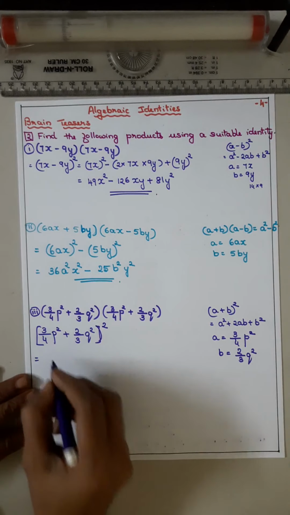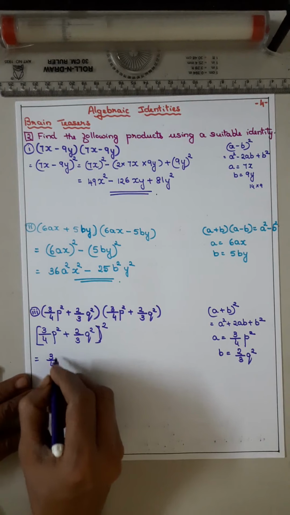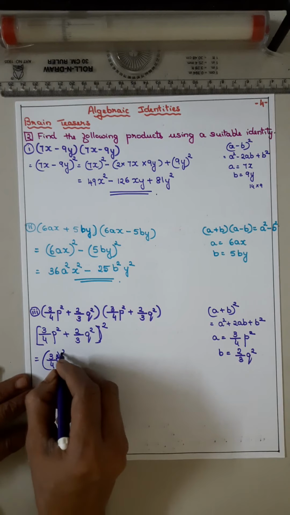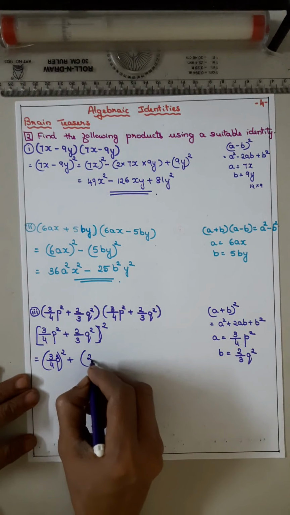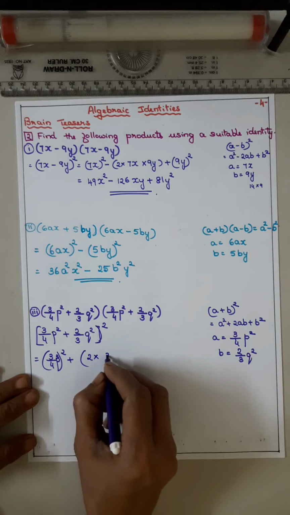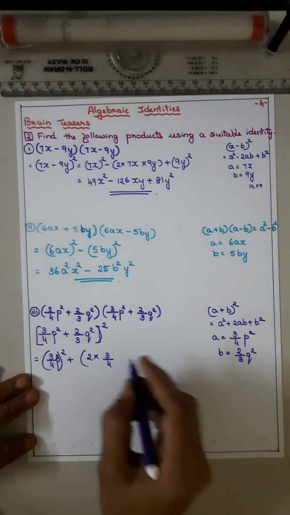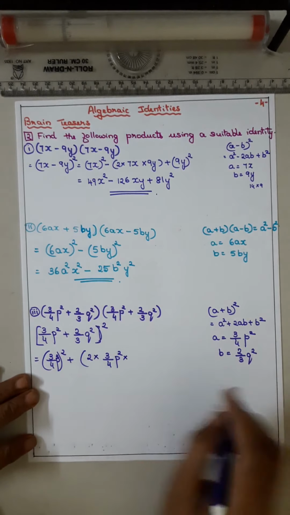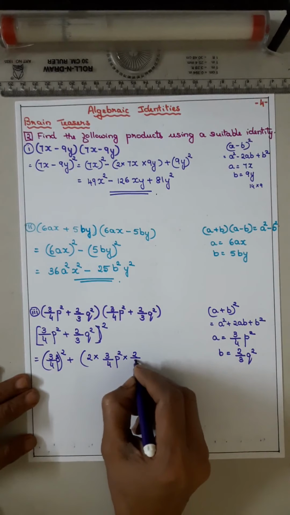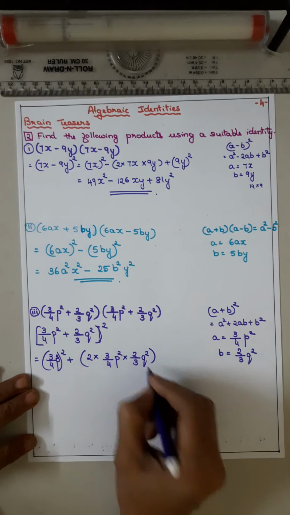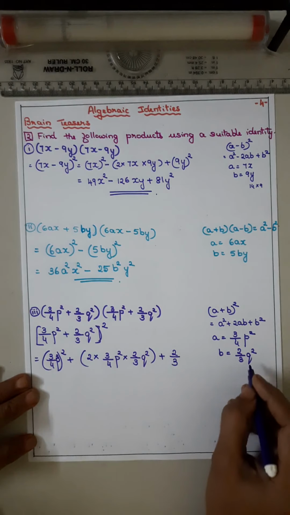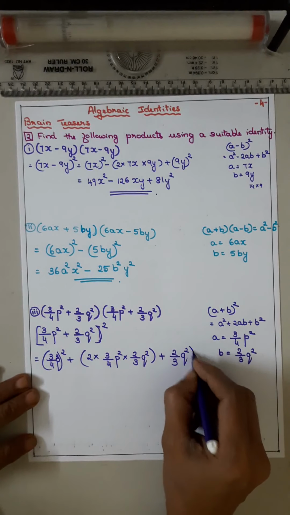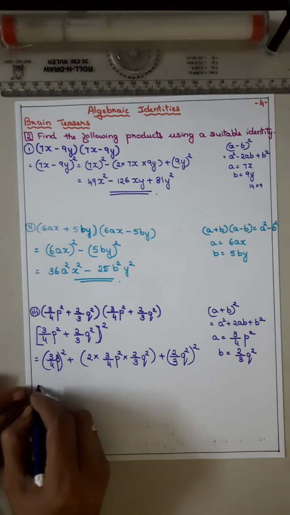So here we will write 3 by 4 p squared the whole square plus 2ab, 2 into 3 by 4 p squared into 2 by 3 q squared plus b squared is 2 by 3 q squared the whole square.